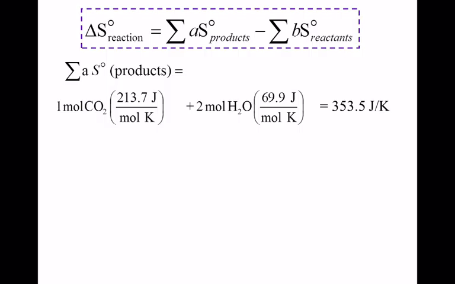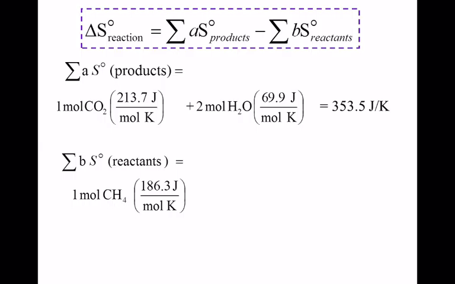Then we do the reactant side, which was methane, CH4. The coefficient was 1, so it's 1 mole of CH4 times the constant from the table, 186.3 joules per mole Kelvin, plus 2 moles of O2 times the standard molar entropy, which is 205.1 joules per mole Kelvin.